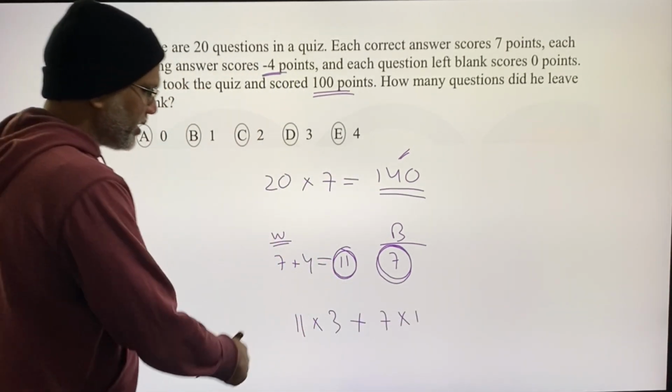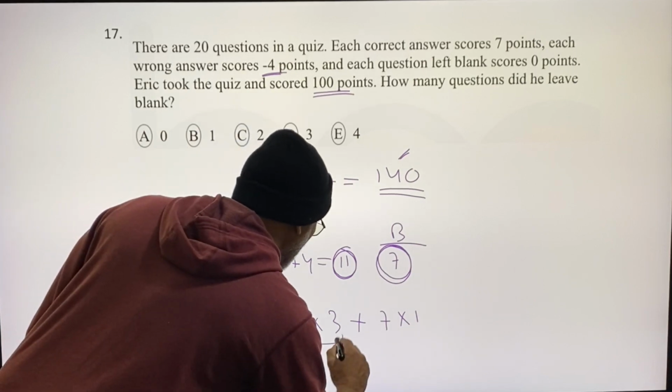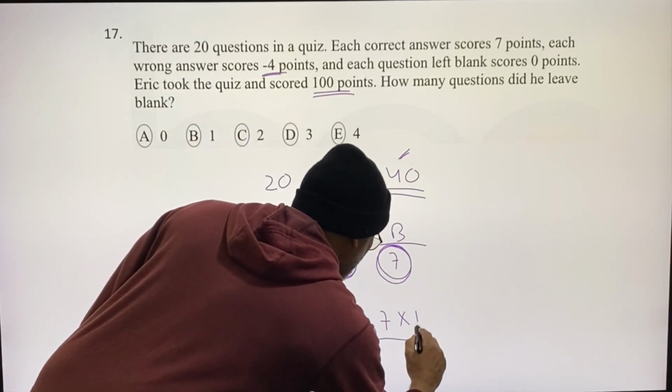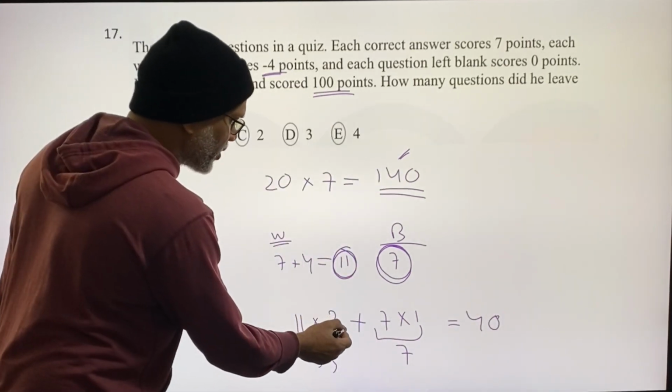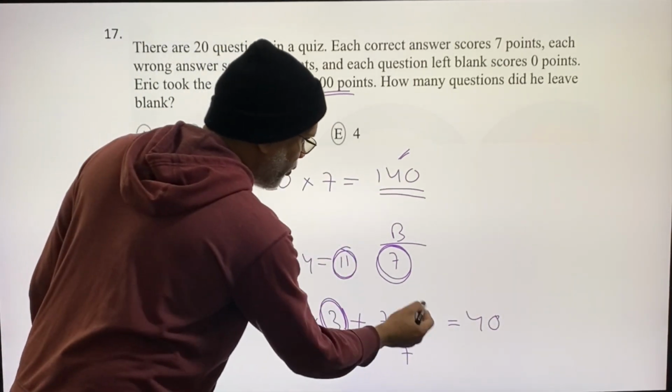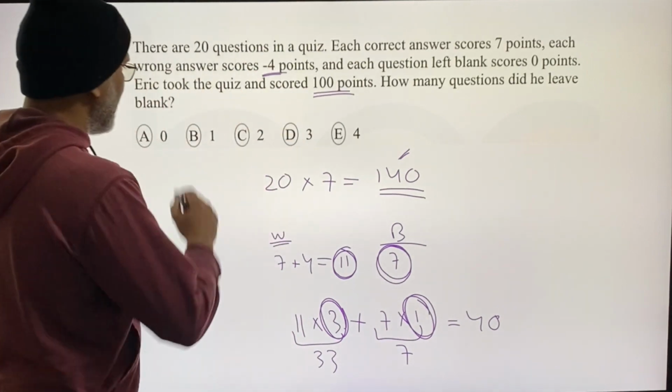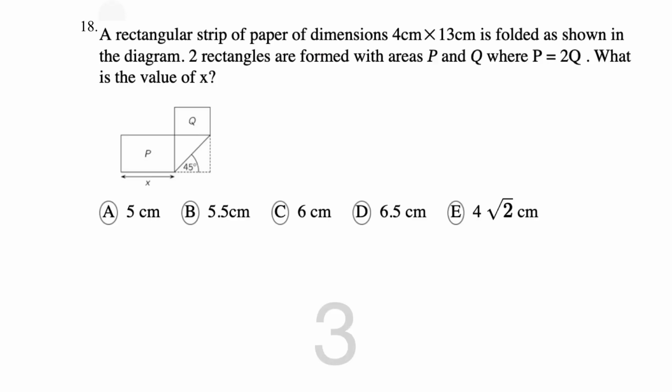So this is going to be 33, this is going to be 7, so they add up to 40, right? So he must have gotten 3 wrong and 1 blank, right? And then again we get the same answer.